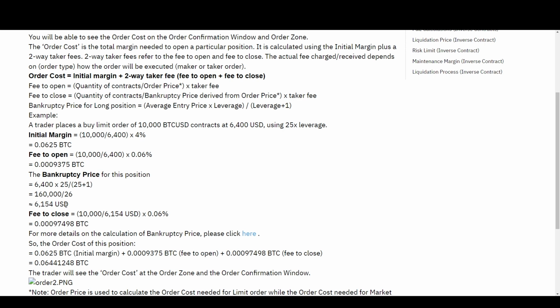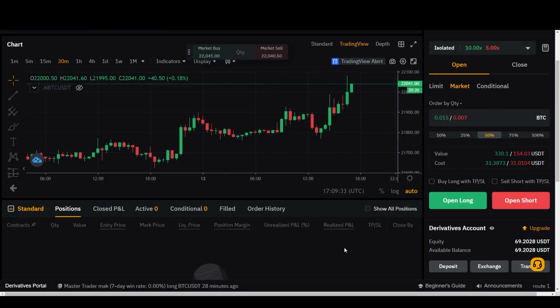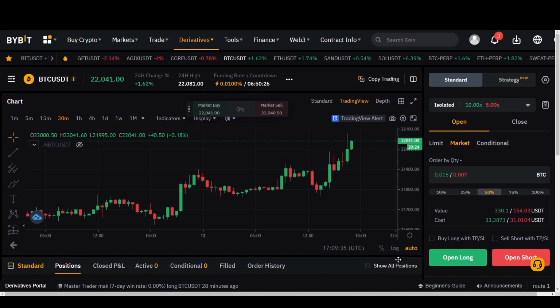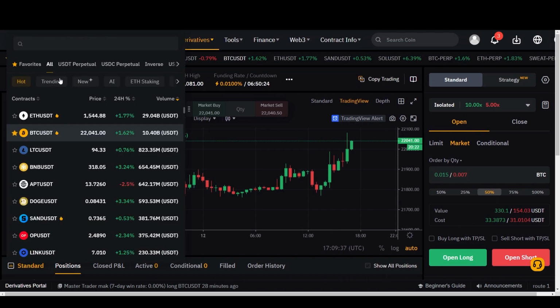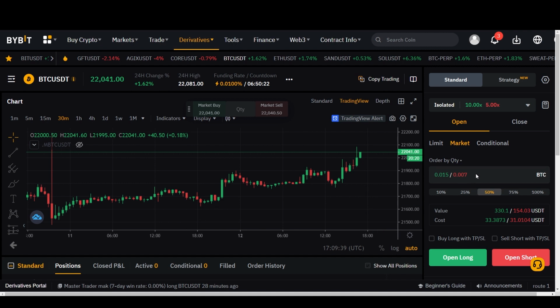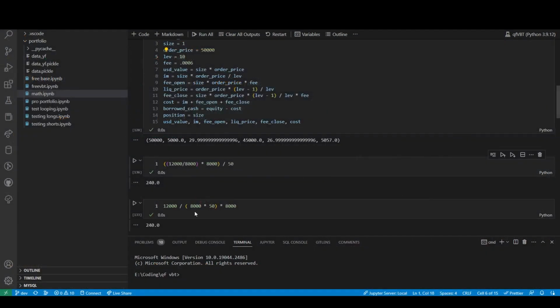Gives you this. I guess if I'm going to be trading BTC USDT, all I really need to do is figure out if I can get this cost calculated, then I know which bankruptcy price to use. That's basically how it works. So let's see if we can do that real fast before I have to go.